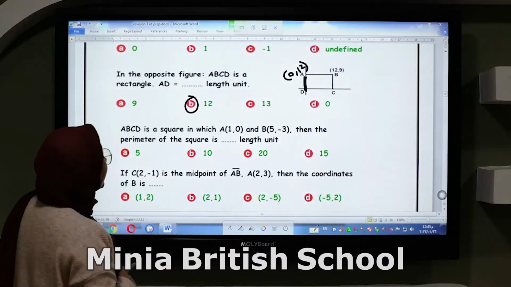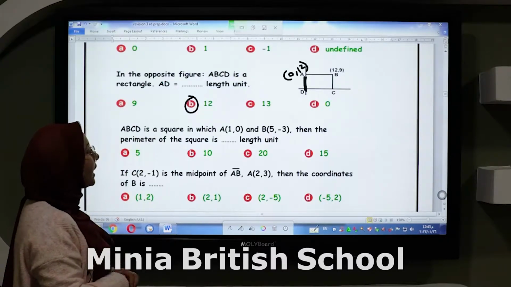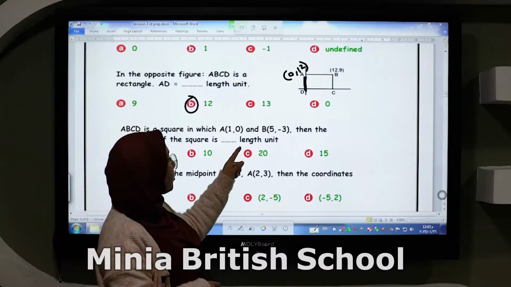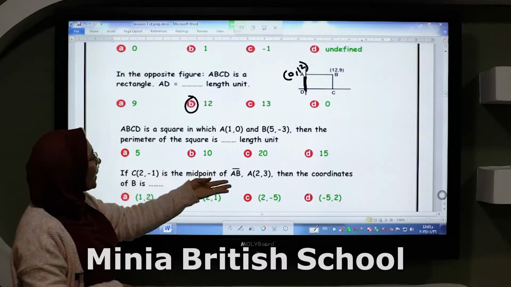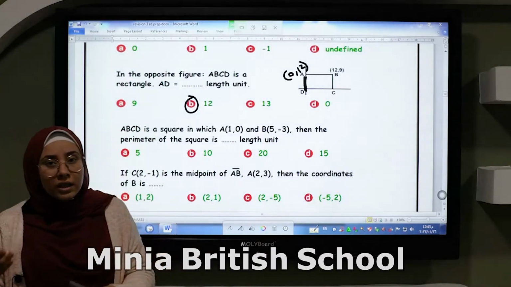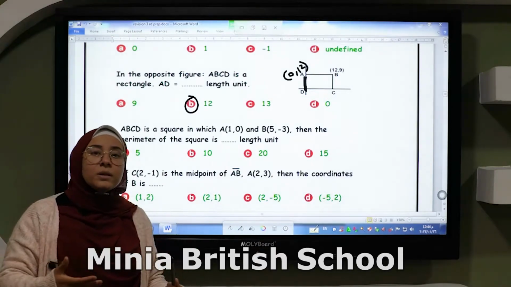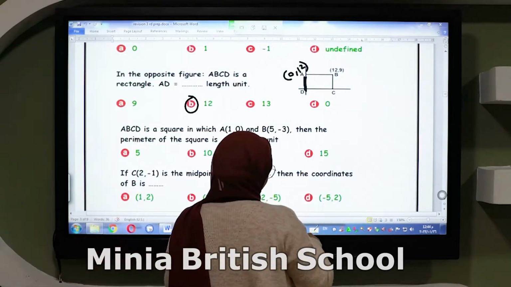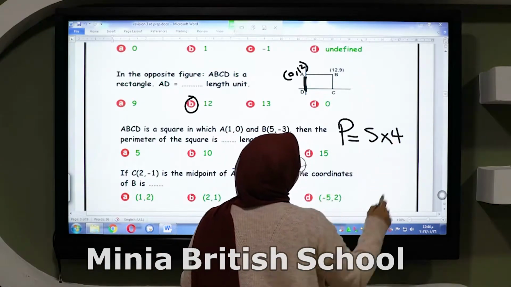ABCD is a square in which A is (1, 0) and B is (5, -3). Then what is the perimeter of the square? To find the perimeter, you need to find the length of its side, because the perimeter of the square equals side length times 4.